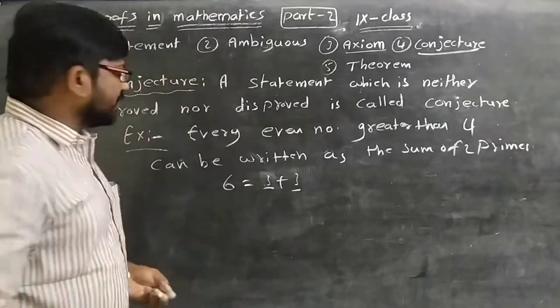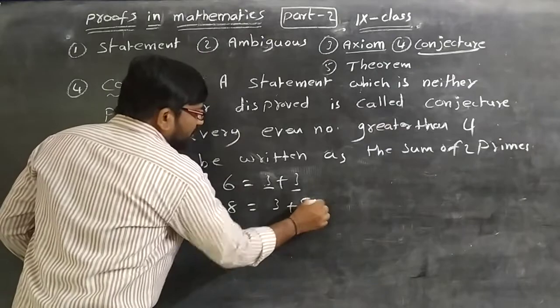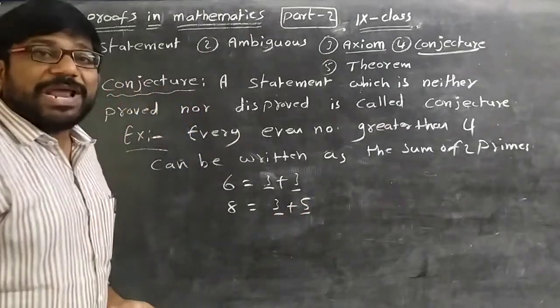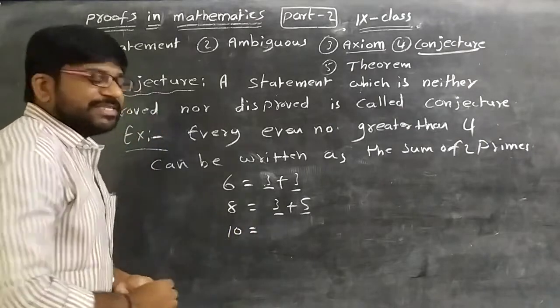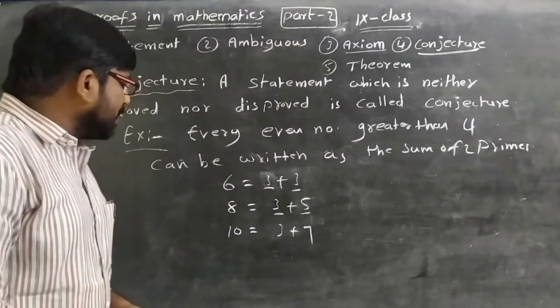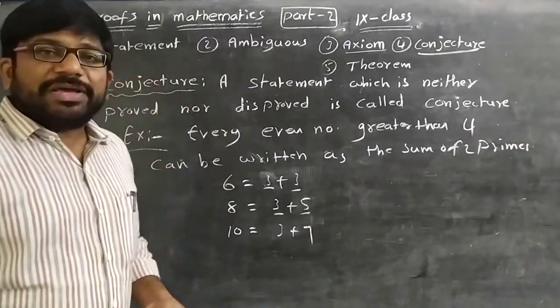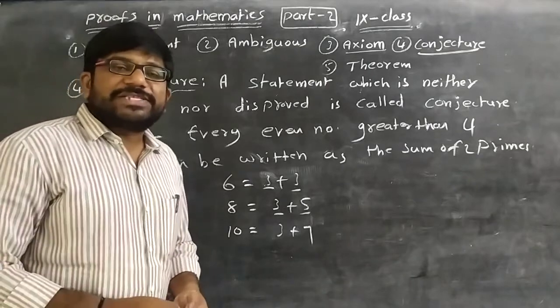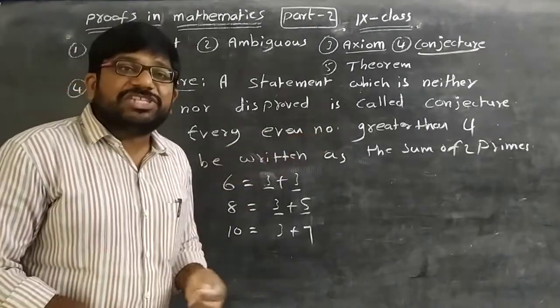Next, 8. 8 can be written as 3 plus 5. 3, 5 are prime numbers, right? Next, 10. 10 can be written as 3 plus 7, right? So in this way, every even number greater than 4 can be written as the sum of two primes. It is an example for a conjecture.